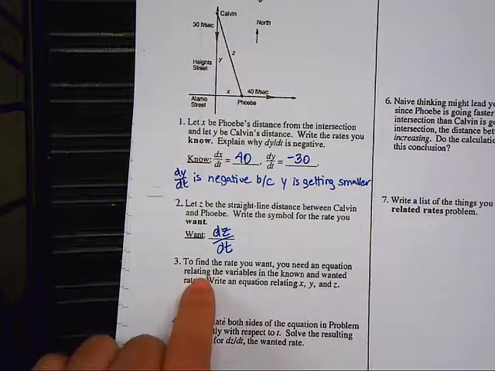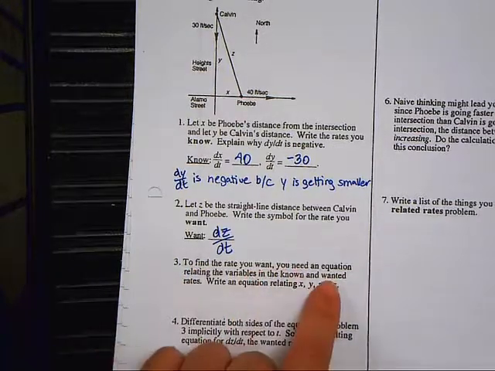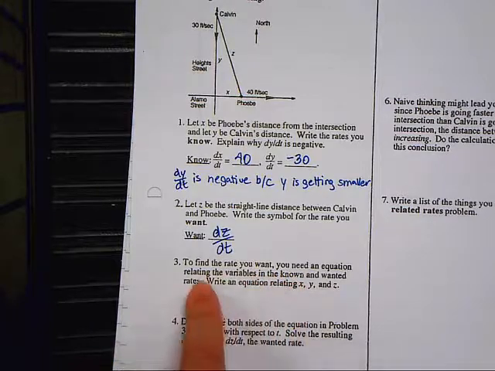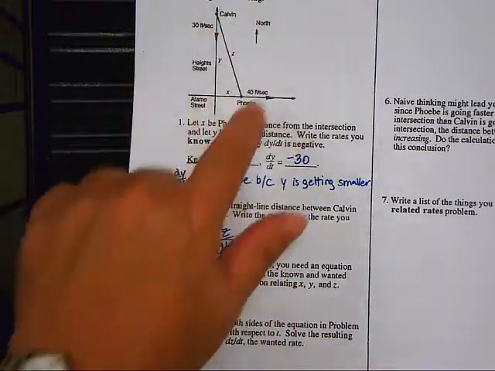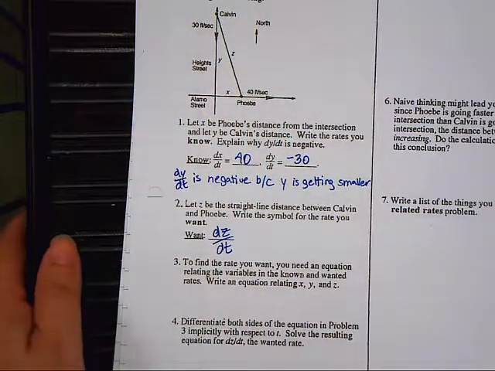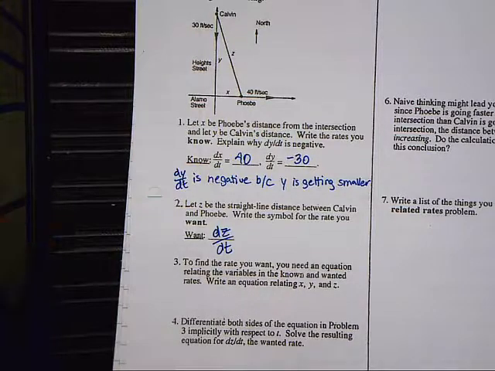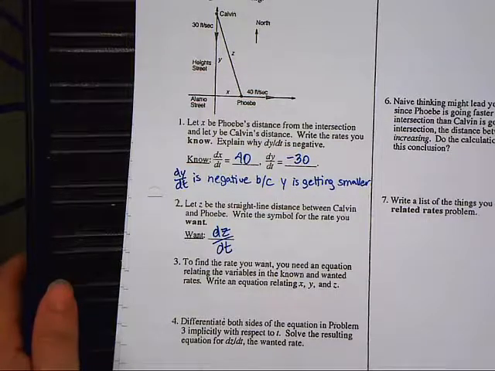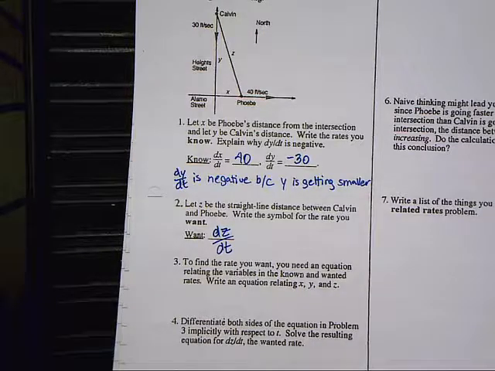We're looking for the rate of change of z over time. Now, number 3, to find the rate you want, you need an equation relating the variables in the known and the wanted. So in other words, look at the picture. The picture tells you everything. Can you give me any equation that relates x, y, and z? It doesn't have to be that complicated.